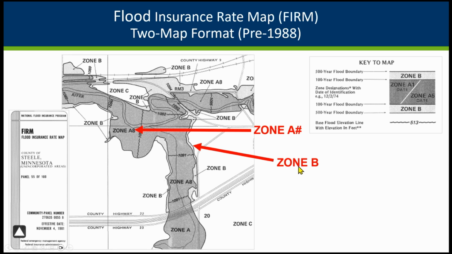And on the old maps, they called that Zone B. And then the areas that were not shaded in any way were the lowest risk areas, and they were called Zone C on these older maps.